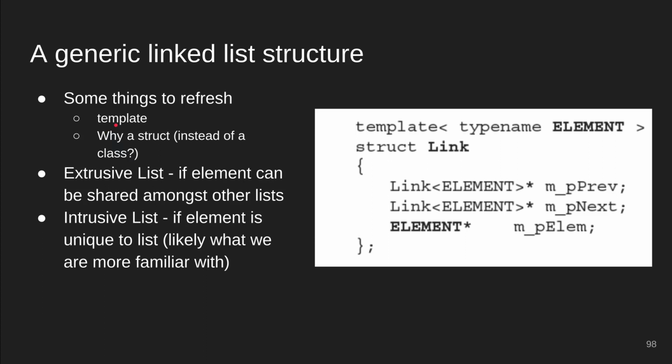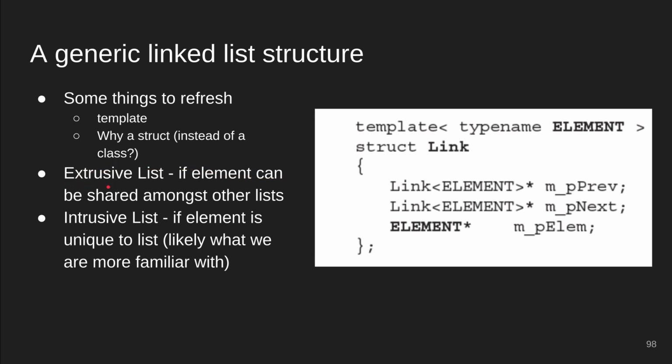In C++, we could spend time talking about this in discussion, but templates are C++'s version of generics. We usually use a struct when we're defining things like nodes, or rather data types that don't have member functions. But remember, structs and classes are almost the same, other than the default access level.